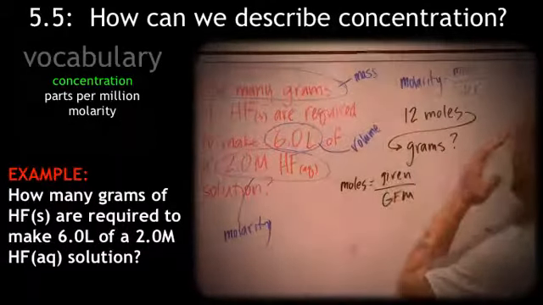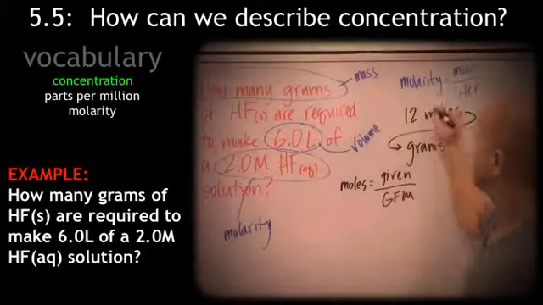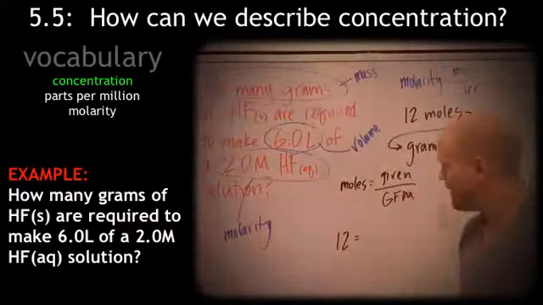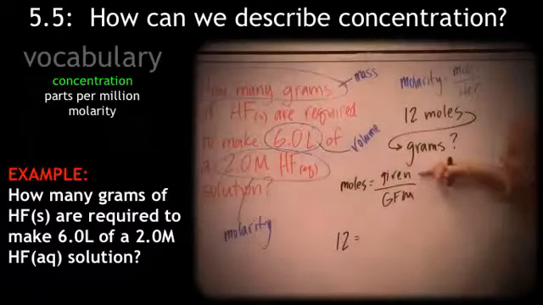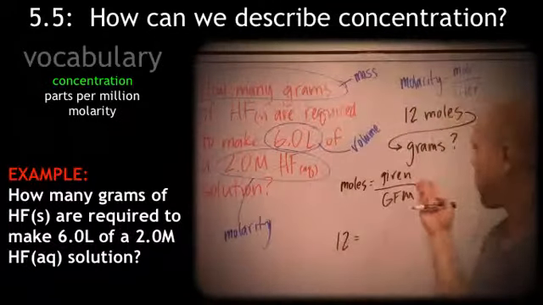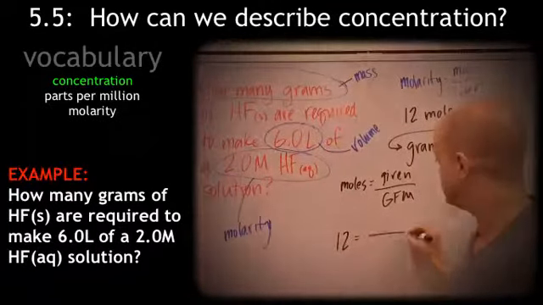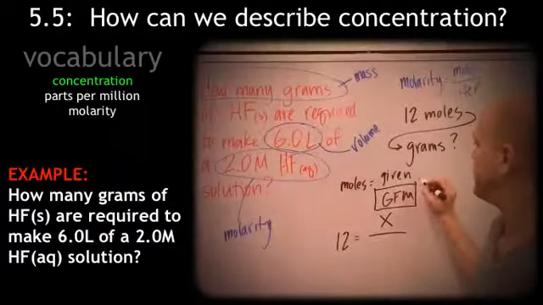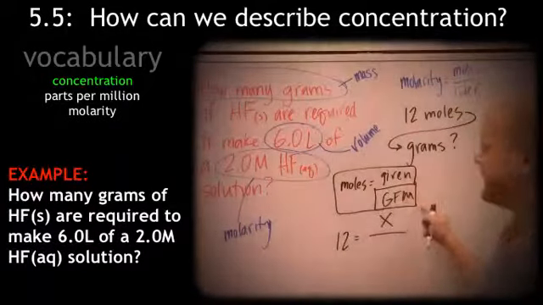Now, I know right here that the number of moles is 12 because I just told you that. Now, I don't know my given mass. And if we look back to our original question, it's asking how many grams. So I'm going to go ahead and put an X there, because we can always determine what the gram formula mass is.